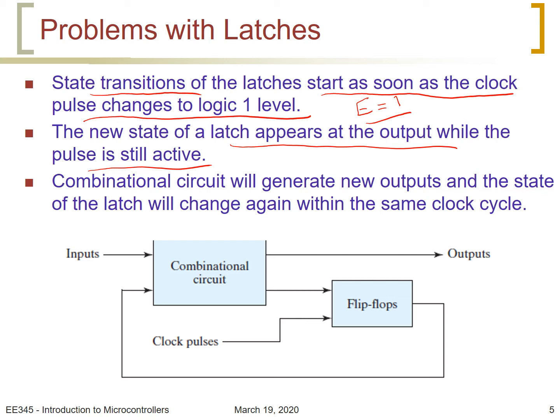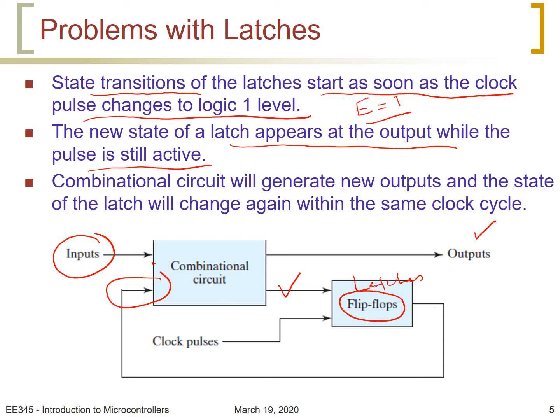Suppose this is a circuit that is using latches and the inputs change, and when the inputs change, the output will change. Now, this depends upon what is stored in the latch, as we can see here. Now, this will also change.